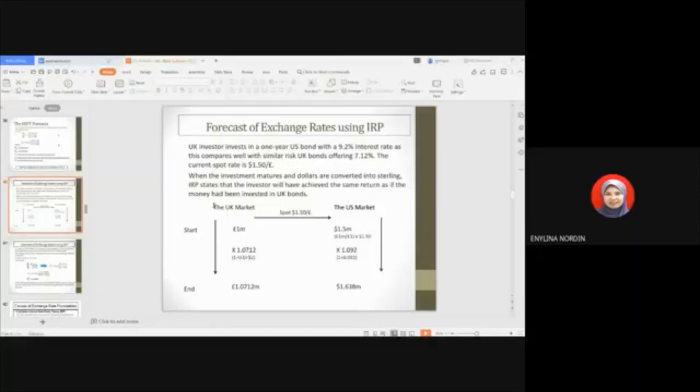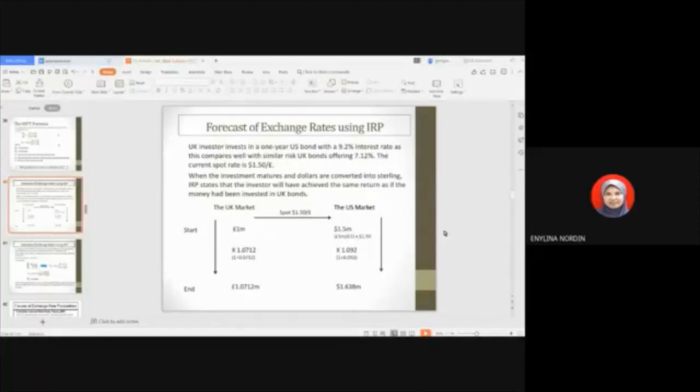So the total value of the investment will be 1.0712 million pound.